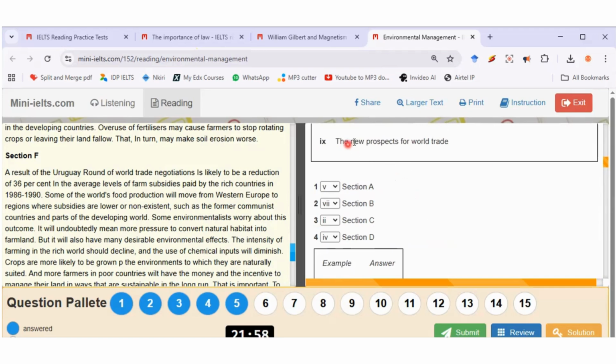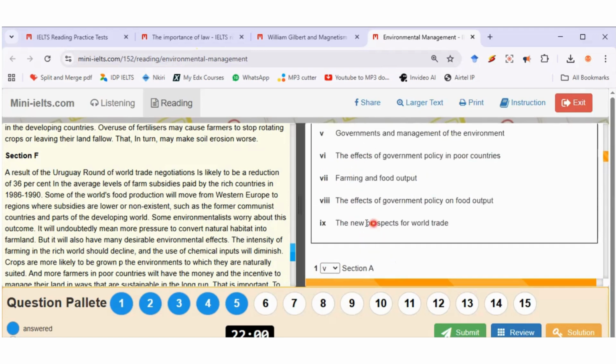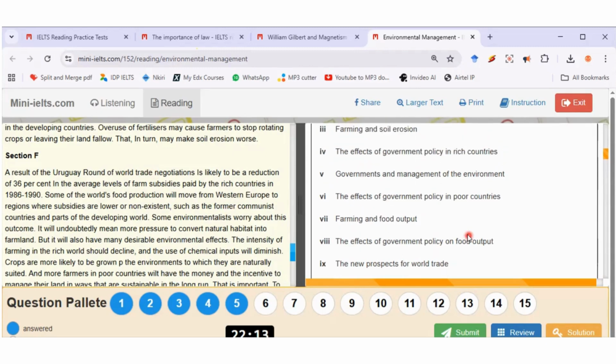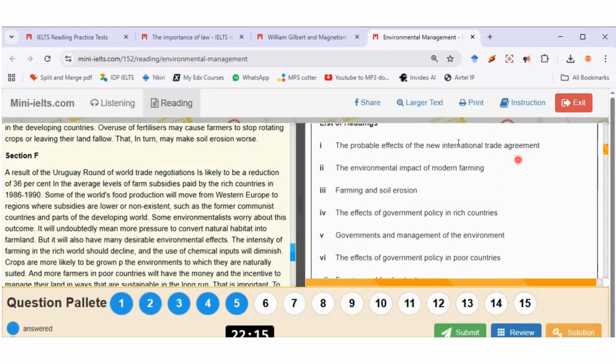Hold on. The new prospects for world trade. What does that mean? This one says world trade. Now this is very tricky. This one says international trade agreements.